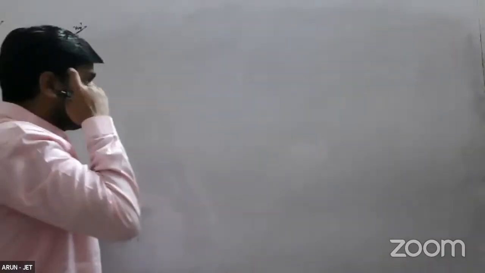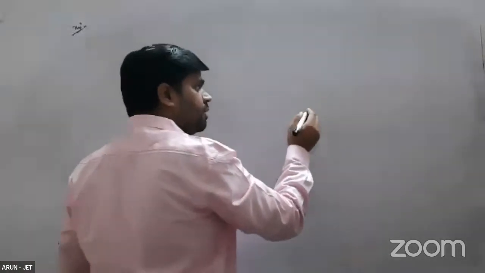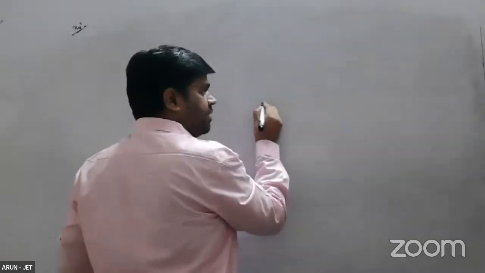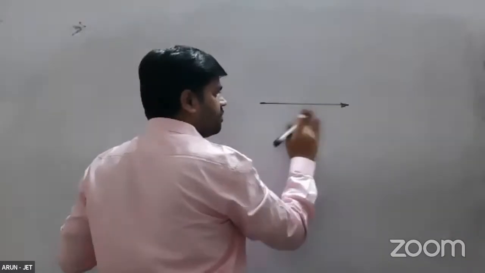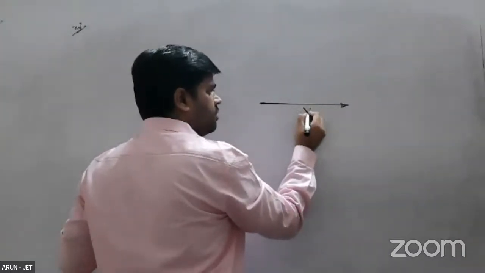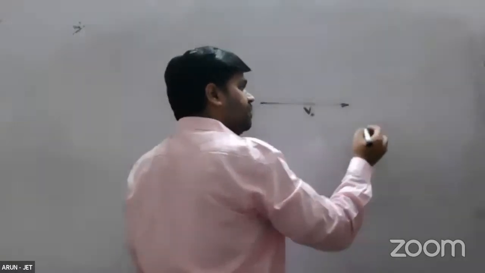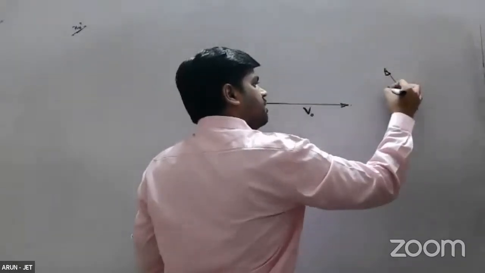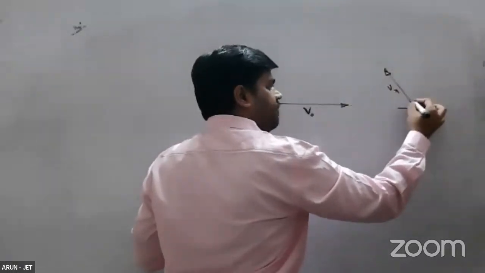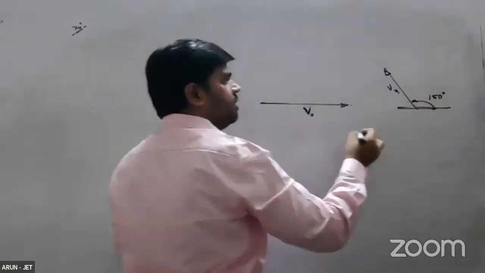Now, I've got first a constant vector v naught, and a vector which is variable in magnitude at an angle of 150 degrees with the horizontal.